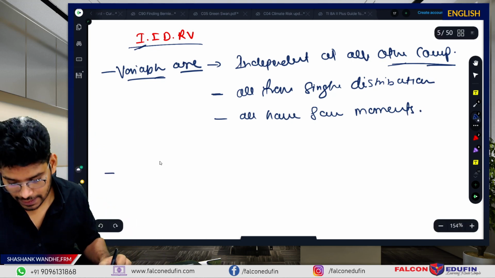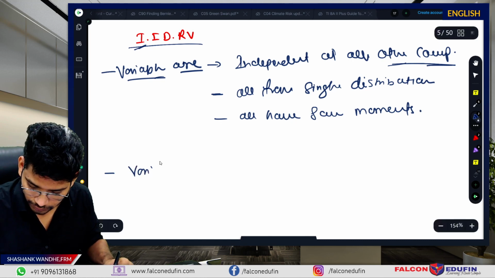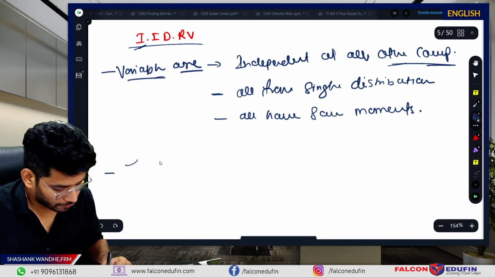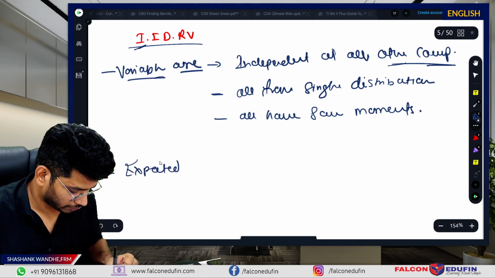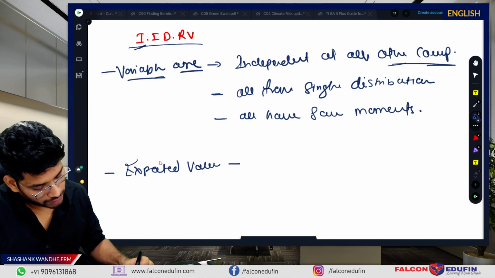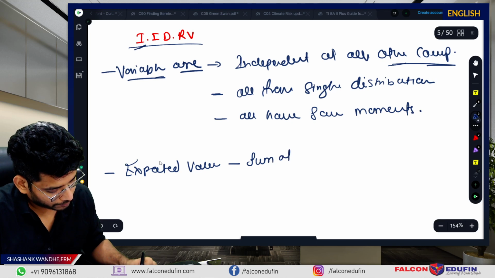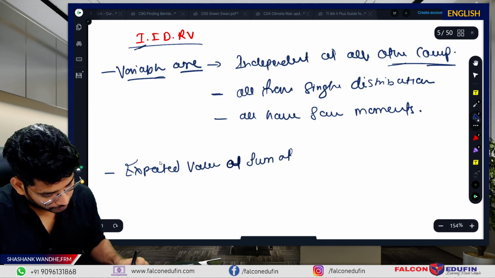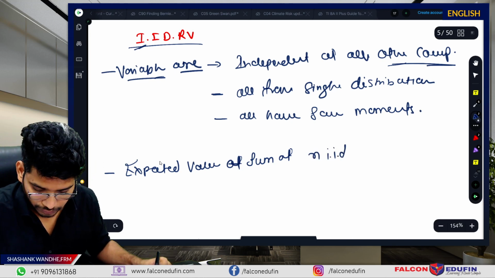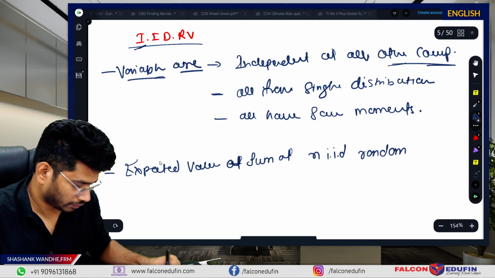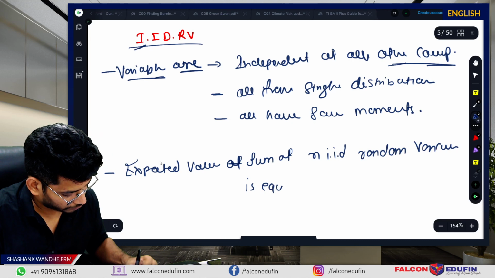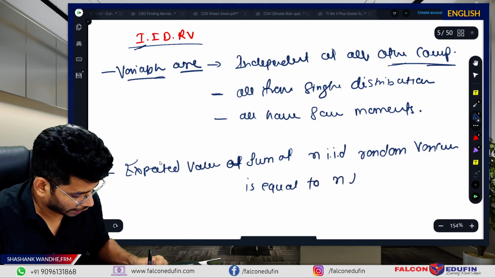Second is for the variance. Let's discuss expected value first. Expected value of the sum of n IIDs is equal to n mu.